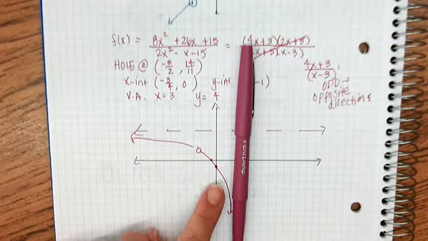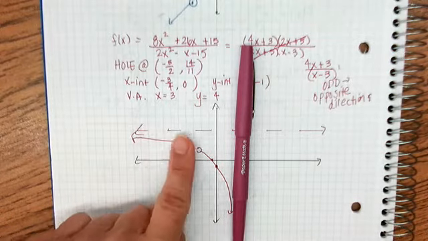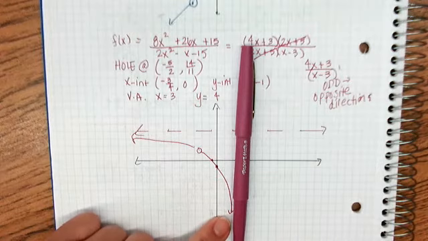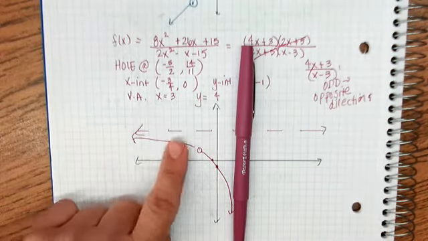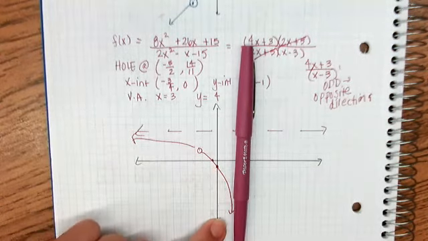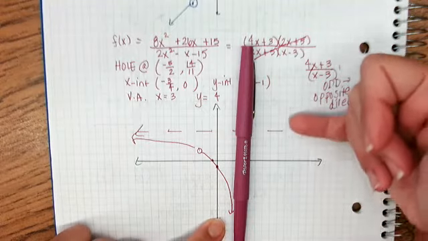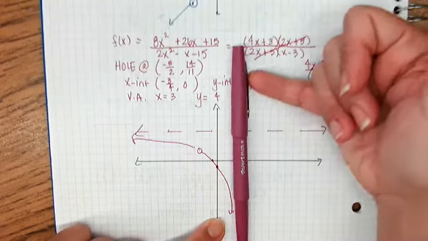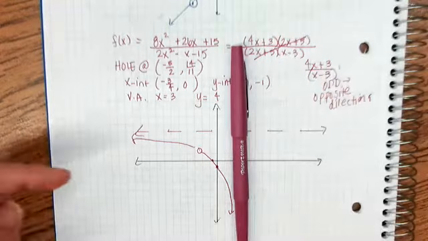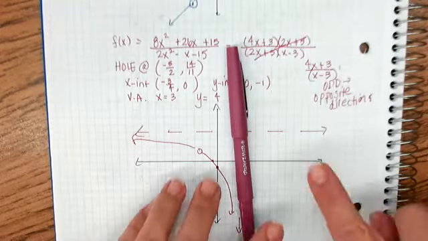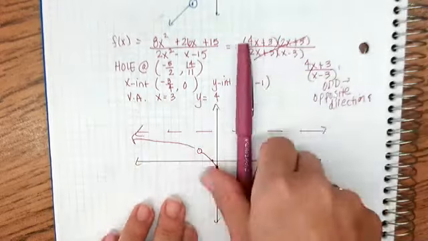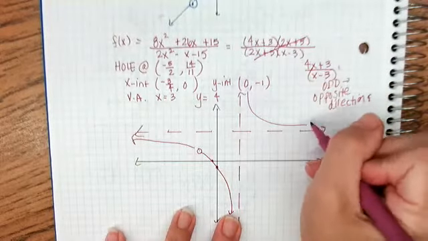From the left, we are approaching -infinity. We're going down. The graph is approaching -infinity, which means on the other side, it has to be approaching +infinity. If the left side is going down, the right side must be going up. And that's good enough for me.